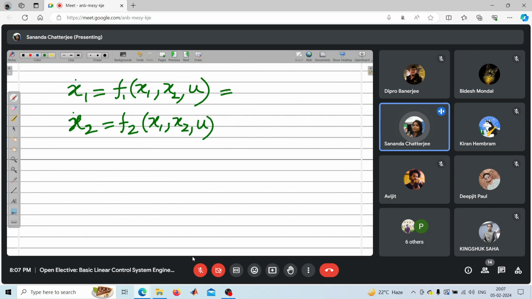So what will be x1 dot? Actually, in this case, we can assume that x1 is equal to y and x2 is y dot.